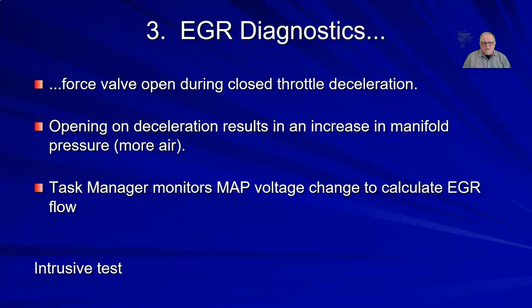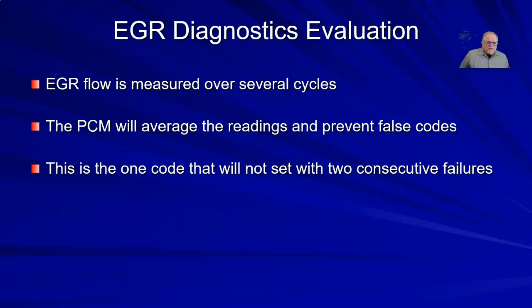As that builds up, then you're going to get this code for low flow on the EGR, and now you got to figure out a way to get that carbon cleaned out of there. Because we're only calculating the EGR flow, they're not going to set the code in 2 failures. They're actually going to run multiple tests. They're going to average the readings to be able to set the code.